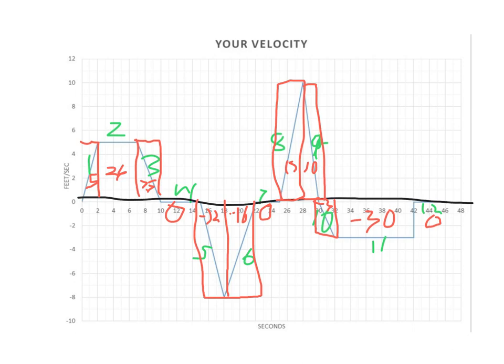Then we go up 15, which will put us at 24.5, then 34.5, then we subtract 3, we're at 31.5, then we subtract 30, and we should be at 1.5, and that's where you should be ending.